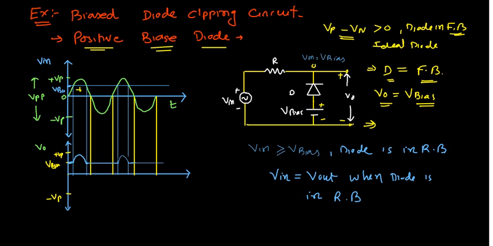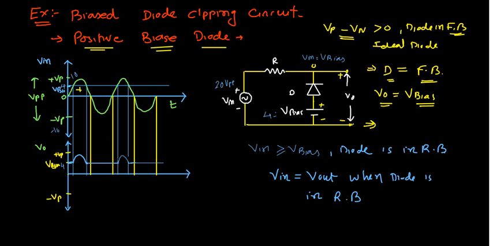Now suppose you are getting some value, like in one example we have considered some value. Consider V input is a 20 volt peak to peak. That means this is 10 and this is minus 10, and this V bias is 4 volt.